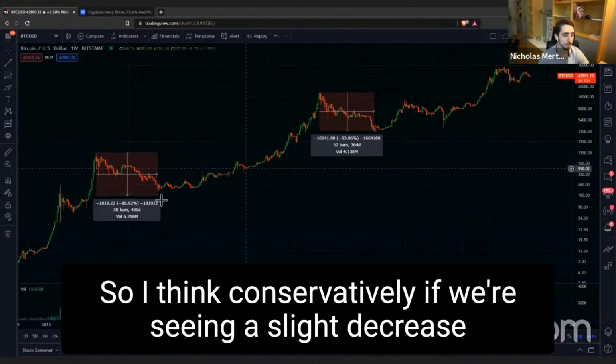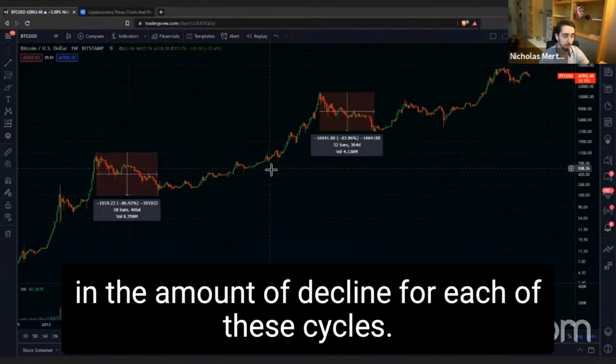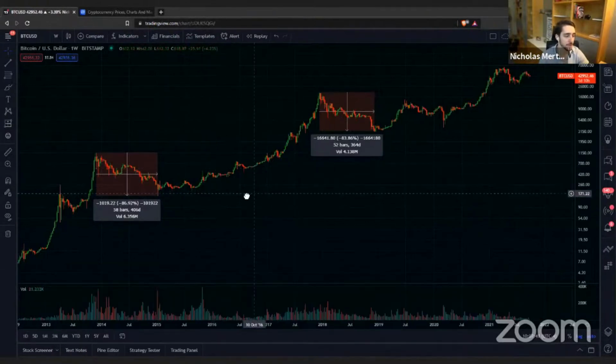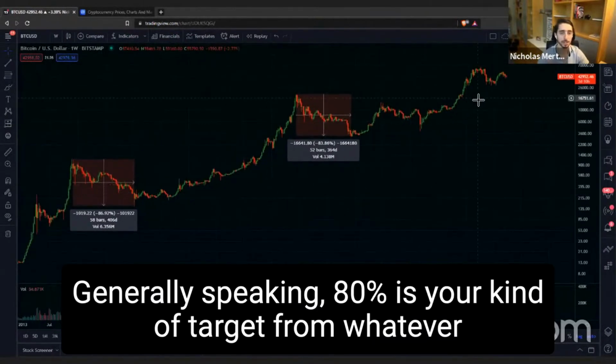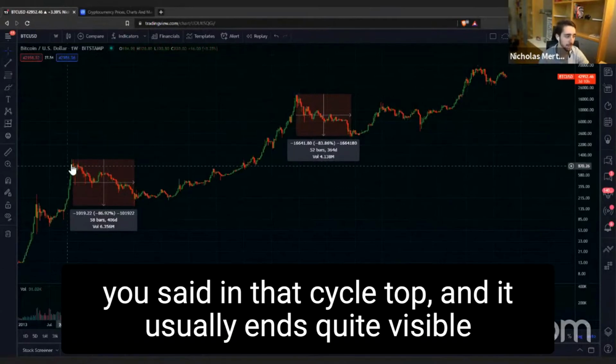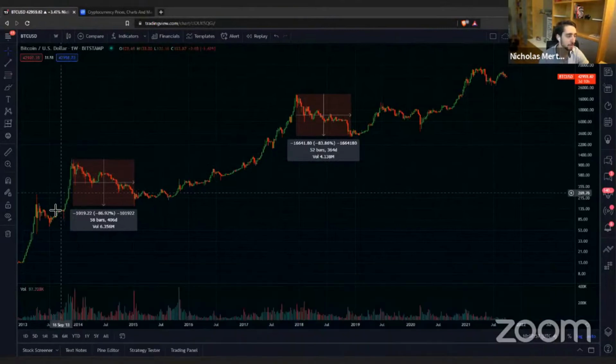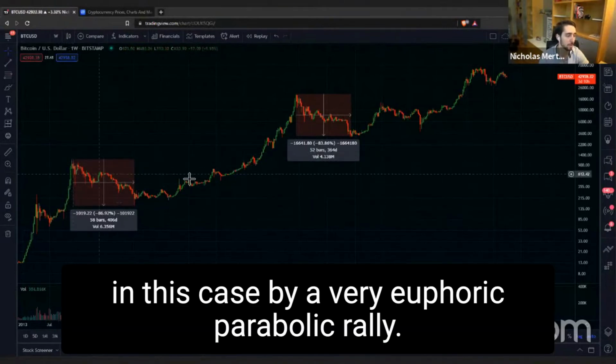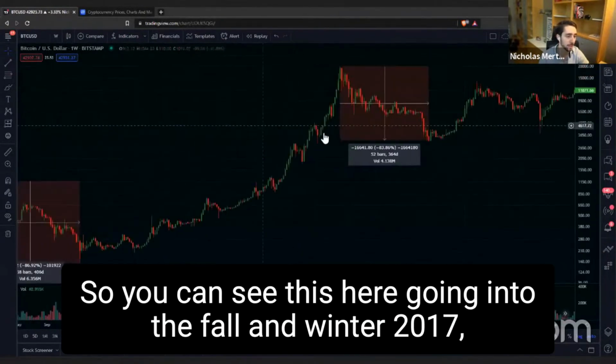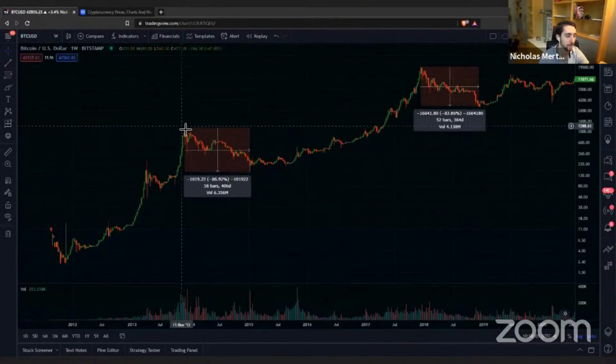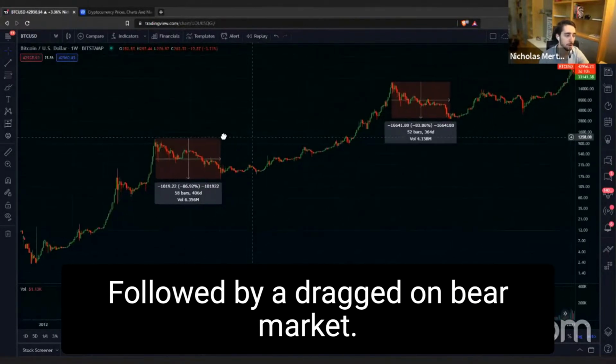So I think conservatively, if we're seeing a slight decrease in the amount of decline for each of these cycles, generally speaking, 80% is your target from whenever you set that cycle top. And it usually ends, and is quite visible in this case, with a very euphoric parabolic rally. You can see this going into the fall and winter of 2017, a big breakout, followed by a dragged-on bear market.